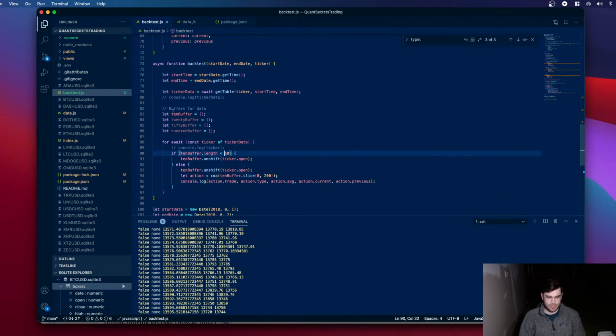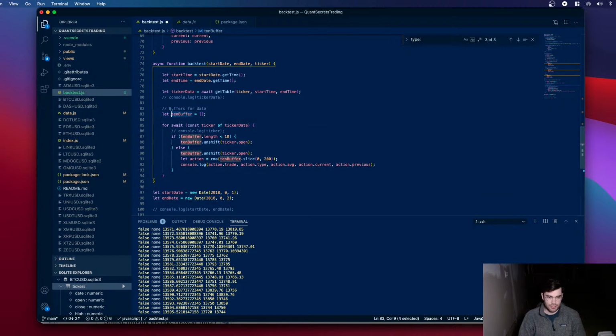But actually, this is the 100 buffer. I'll just do buffer instead of 10 buffer, because I can just set the buffer based on the slice. And this 10 buffer, I'll replace all these.